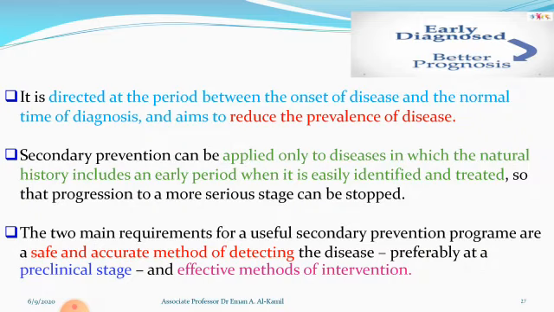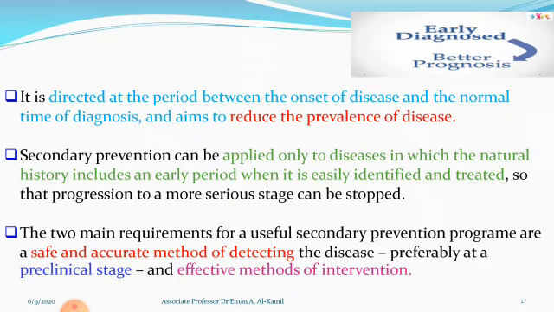So it is important to apply it at a stage where the disease can be stopped in the preclinical stages. The two main requirements for a useful secondary prevention program are a safe and accurate method of detecting the disease, preferably at a preclinical stage, and an effective method of intervention.